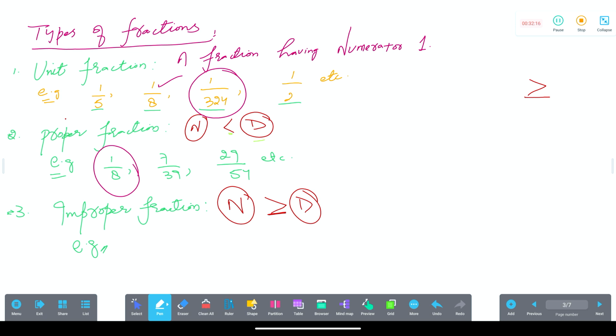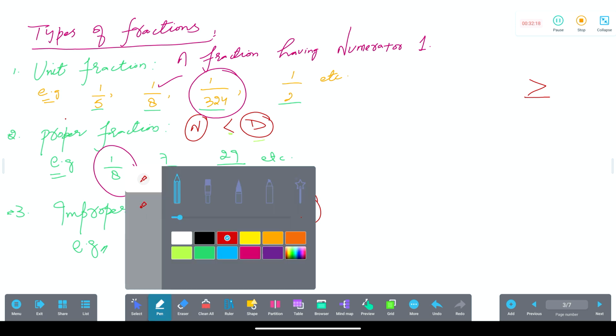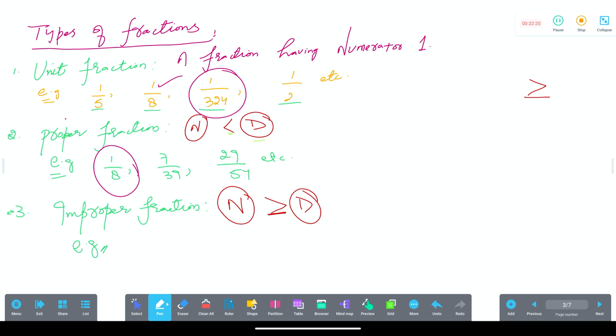So examples are 39 by 7, 54 by 29, and I can write one more. If I write 5 by 5, remember 5 by 5 is also a kind of improper fraction.